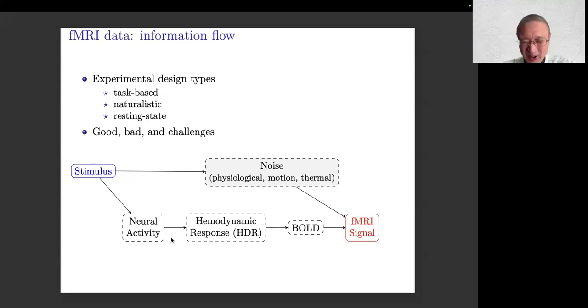Even a couple of months ago, there was a paper that basically says that for 40% of the brain voxels, the relationship between neural activity and the BOLD signal may be inversed. What does that mean? That means when the neural activity goes up, the BOLD signal may go down. But that paper is still pretty controversial, and some people don't agree. There are some caveats.